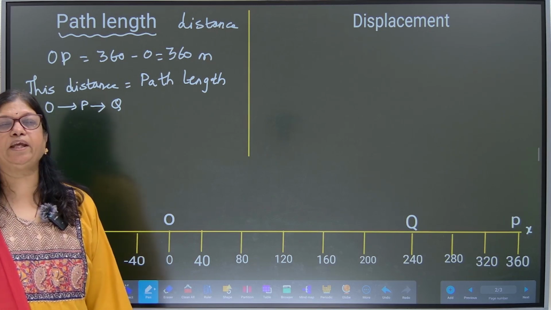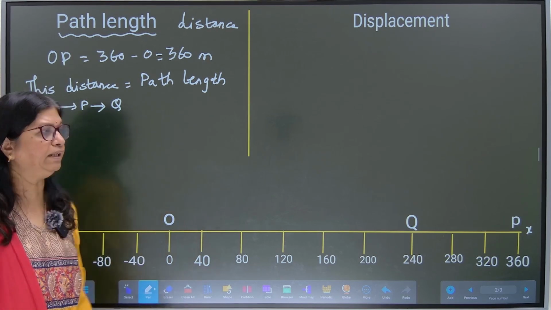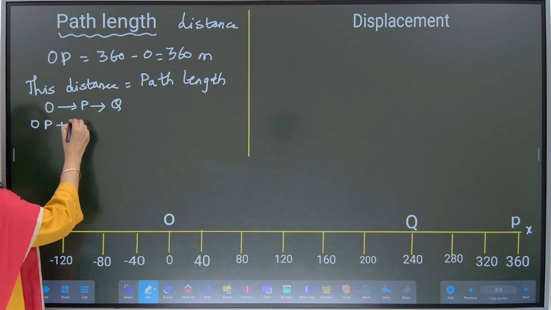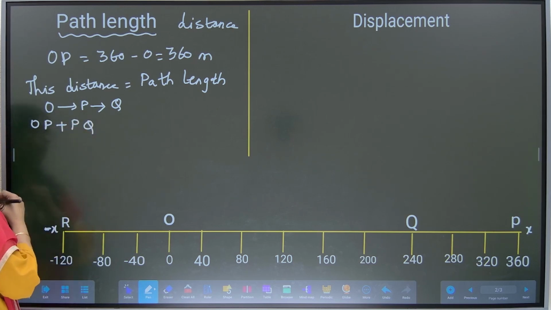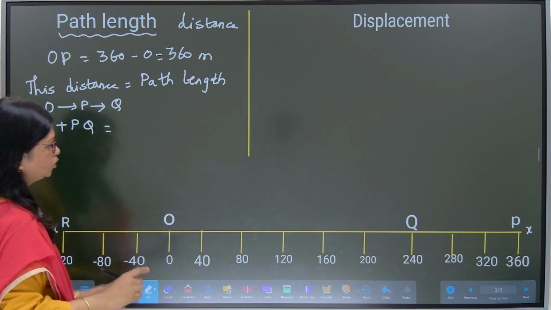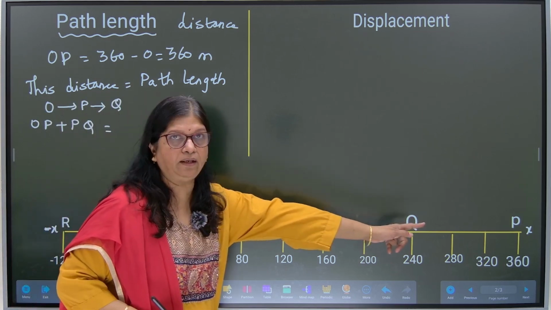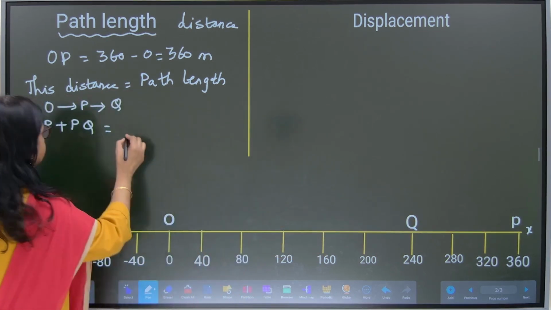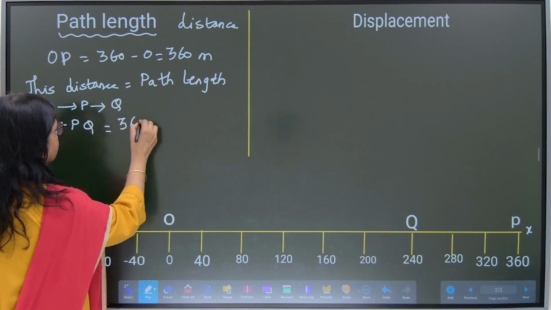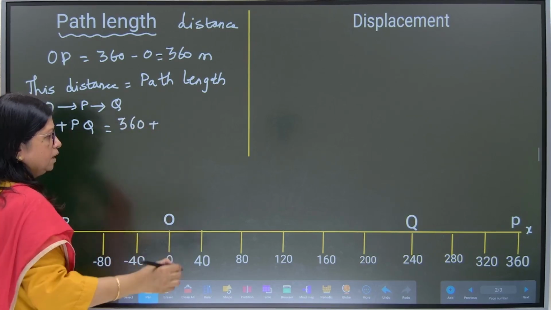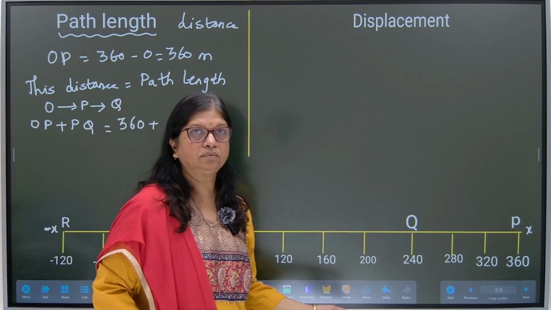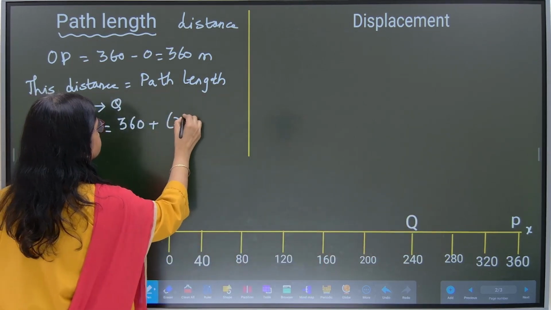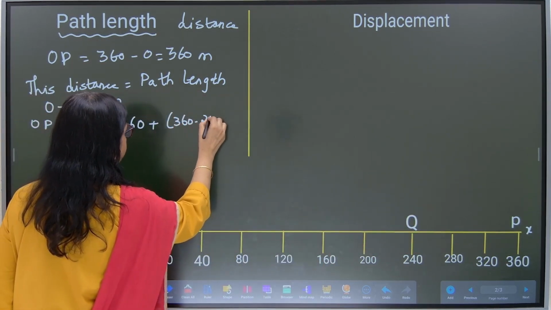So what should we calculate to find out the path length? OP plus PQ, which is equal to, what is OP? We just now calculated 360 minus 0, that is 360, and from P to Q, it is 360 minus 240.